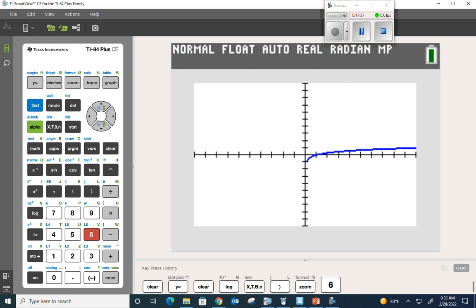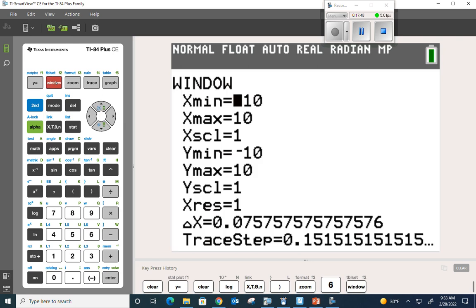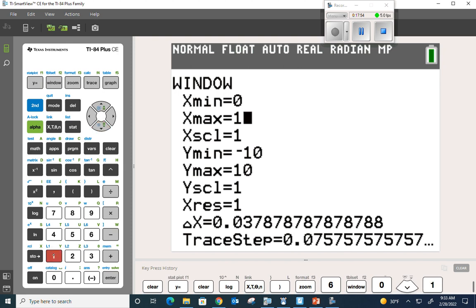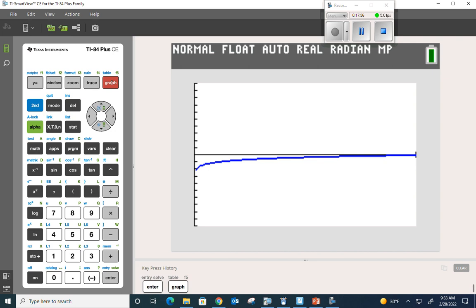Like I said, the graphing calculator does a terrible job of this because it makes it look like it just stops right there. Now, if I would zoom in, if I'd only look at x's from say 0 up to 1, it's maybe a teensy bit better, not much.